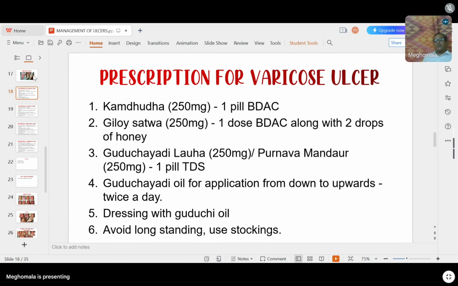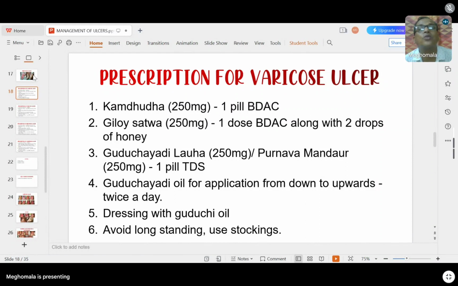But one thing I want to mention: all these medicines are basically made of Guruchi, Tinospora cordifolia. In my practice I have realized that for any sort of vascular disease, maybe arterial impairment, maybe varicose ulcer, whatever it may be, the drugs containing Guruchi, Tinospora cordifolia, are very, very useful.